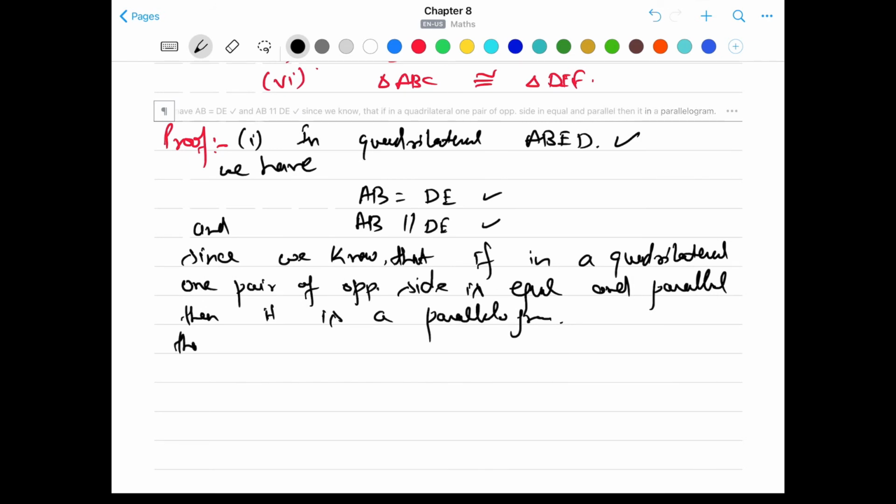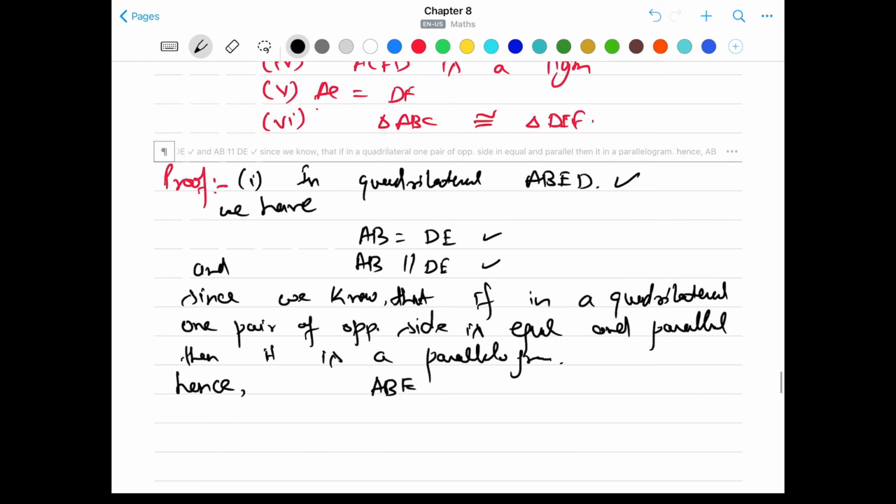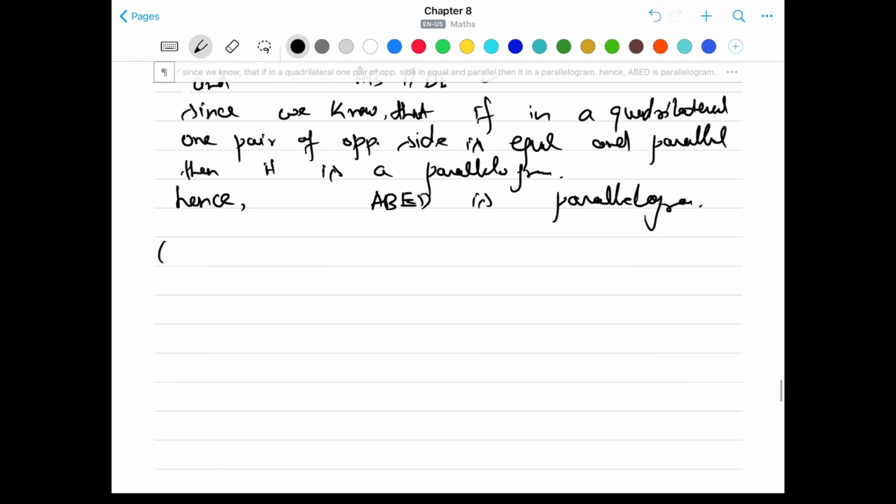Hence ABED is a parallelogram. Okay, so simply, since we are given that one pair of opposite sides is equal and parallel, using theorem 8.8 we can say that ABED is a parallelogram.